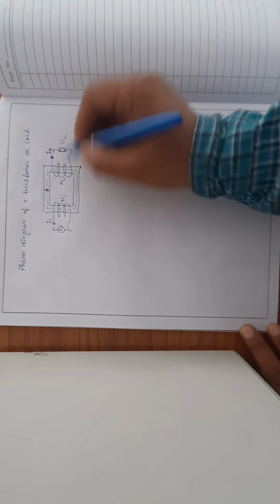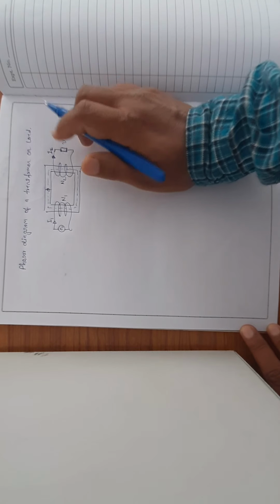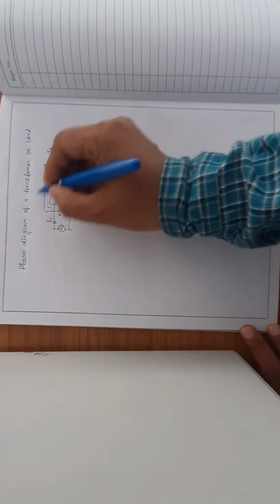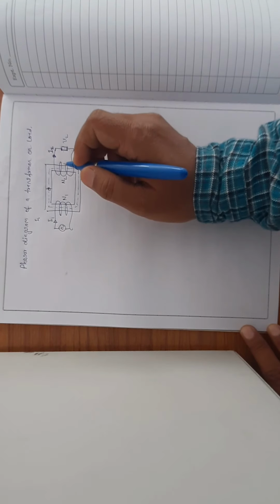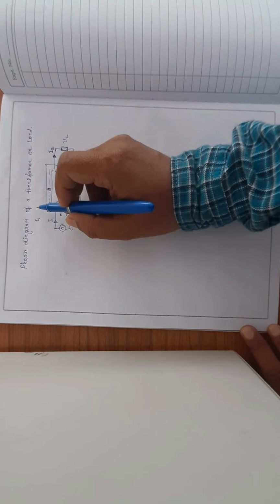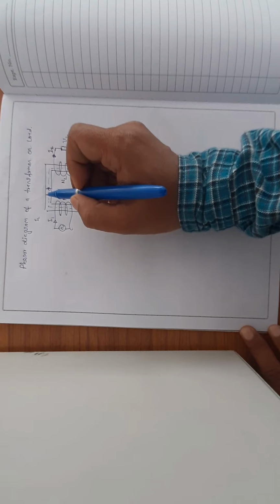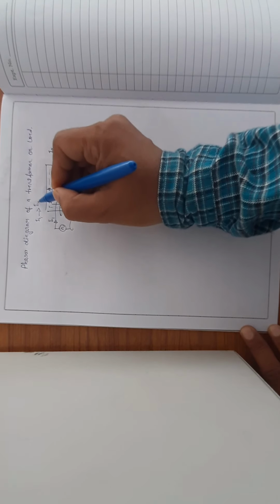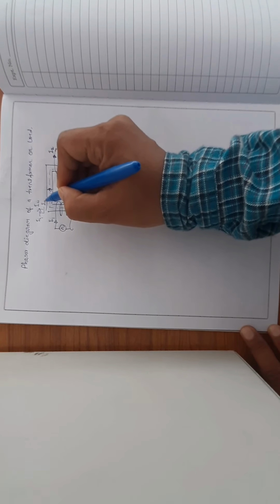When the transformer is on no load, when we remove this load, it draws the no load current, say I0, or exciting current I0 from the supply mains. The no load current has two components. First is IW and second is IM.